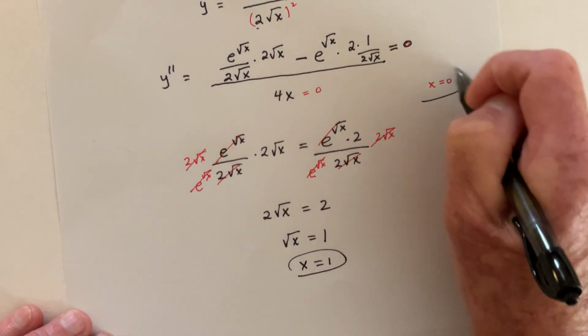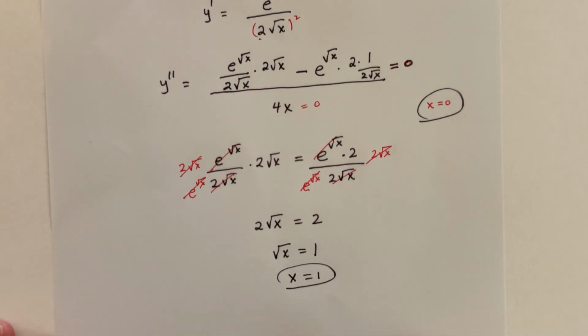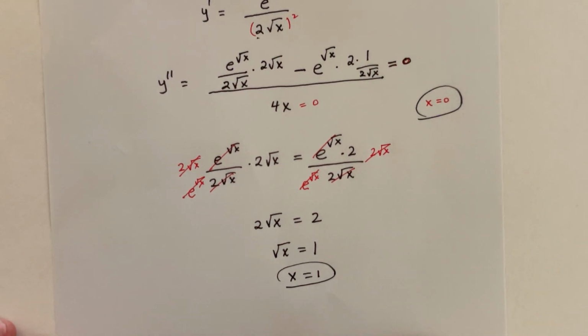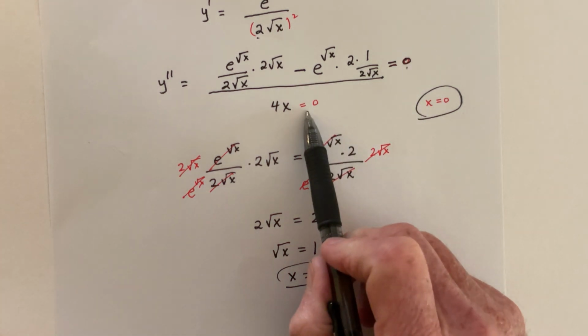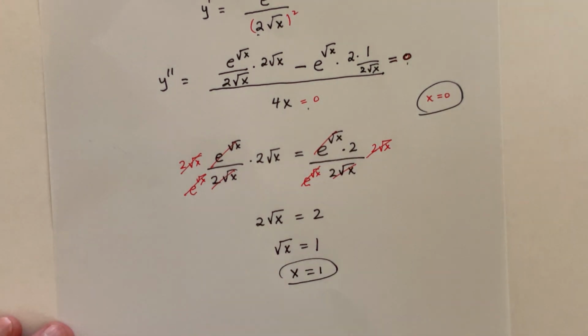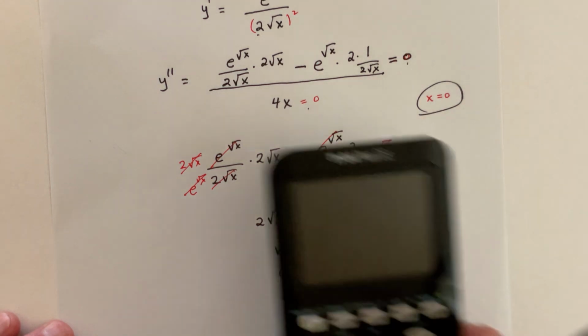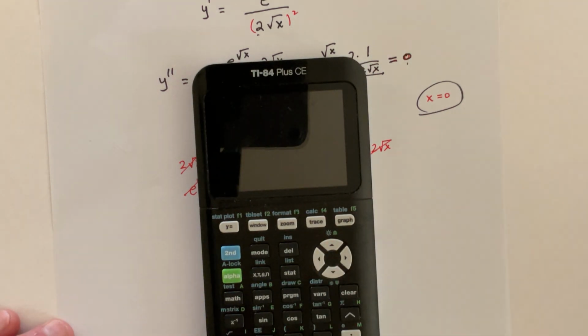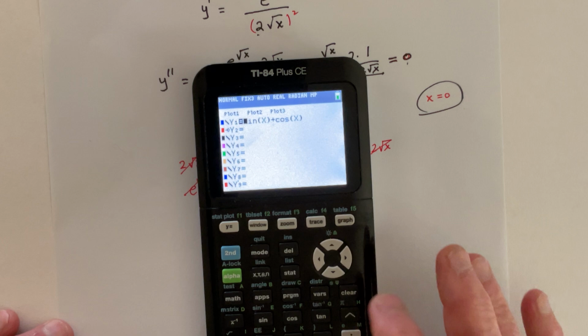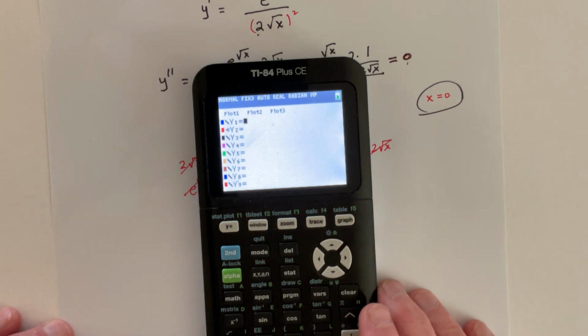So x equals 0 and x equals 1 are the two answers that we get for the second derivative either equaling 0 or being undefined. And then let's see if we can see where it's concave down. So graph the original function. So I don't need this trig anymore.